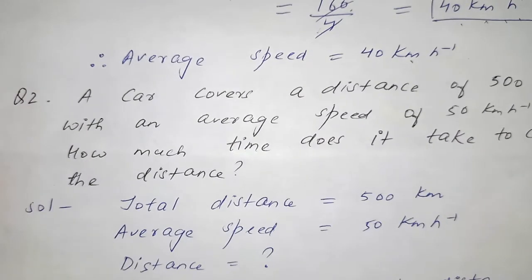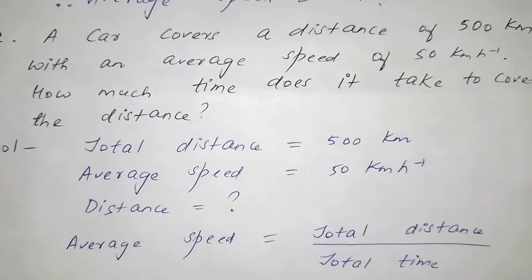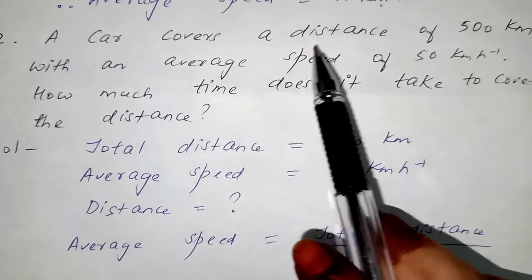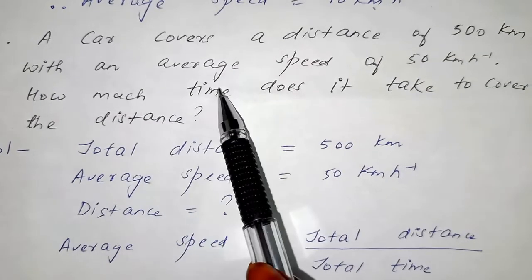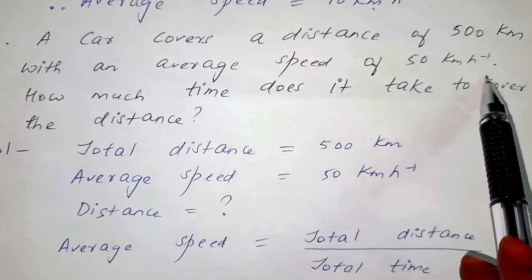Now the next example. A car covers a distance of 500 kilometers with an average speed of 50 km per hour.